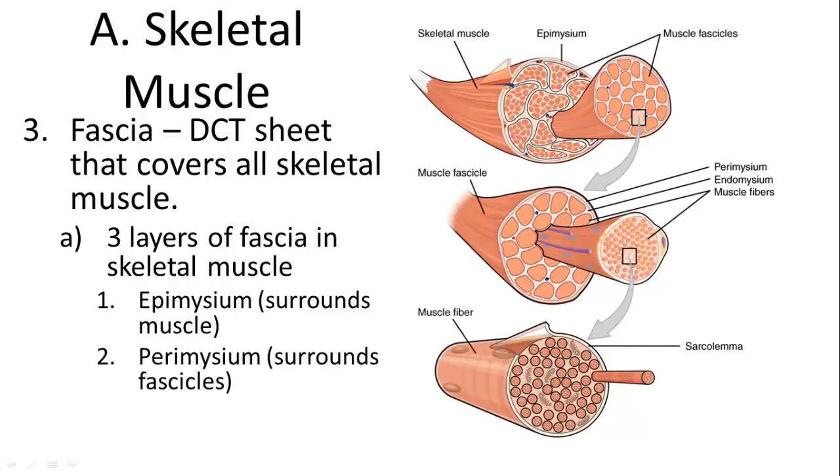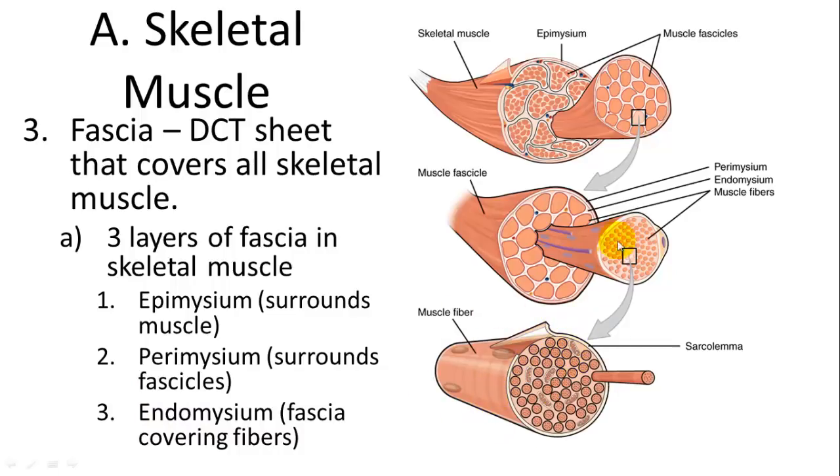And then within there is the perimysium, okay, which surrounds each fascicle. And the fascicles are also surrounded by, or can be subdivided into fibers. The fibers are covered by endomysium.